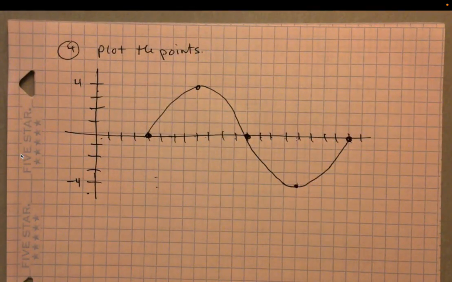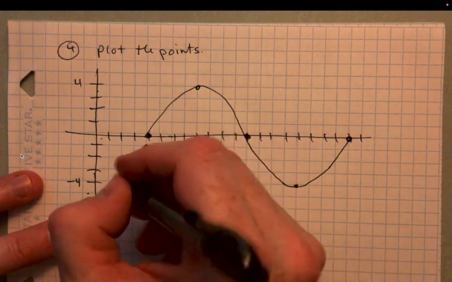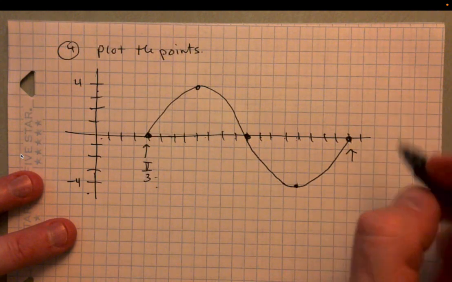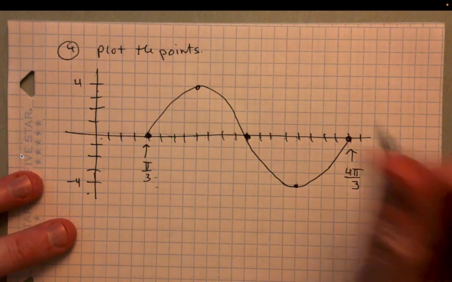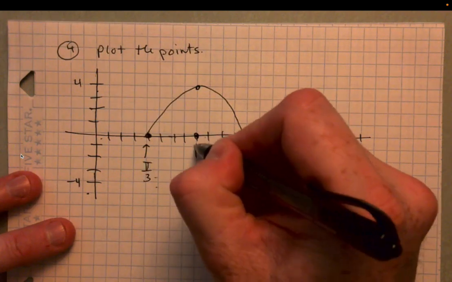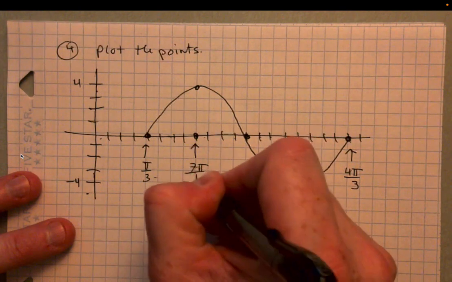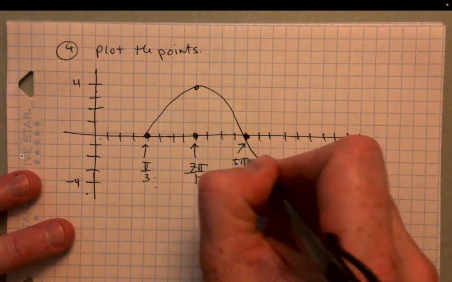Okay. And so this here is pi over 3. And this is 4 pi over 3. And all the points in between here we can label. It's just important that you know where you're at. This will be 7 pi over 12. This guy here is 5 pi over 6.